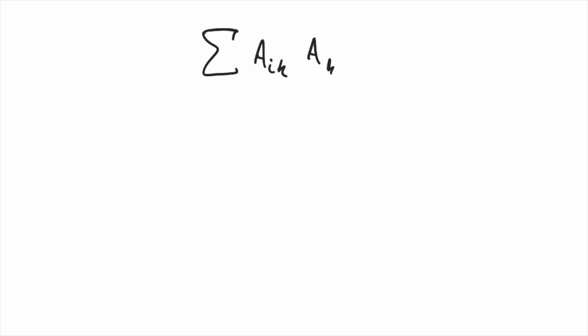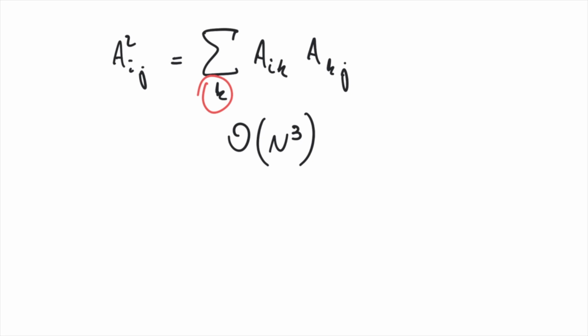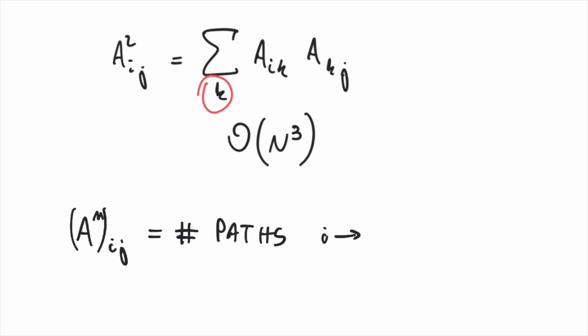Now, when you compute the product of matrices, the number of operations that you have to do here is n operations in the summation, but you have to do this for each ij, so you have O(n cubed) operations. Now, we can generalize what we saw in the previous slide and say that the nth power component ij of our adjacency matrix is going to be the number of paths from i to j with length equal to n.